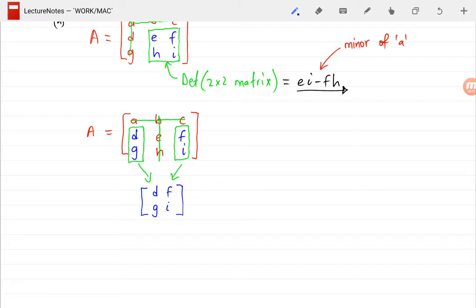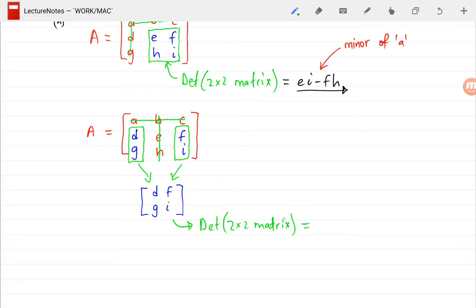Okay, and then this matrix DFGI, if we want to find the determinant of DFGI, it's a 2 by 2 matrix. So the same steps we just used right above here, we can use them to find that.